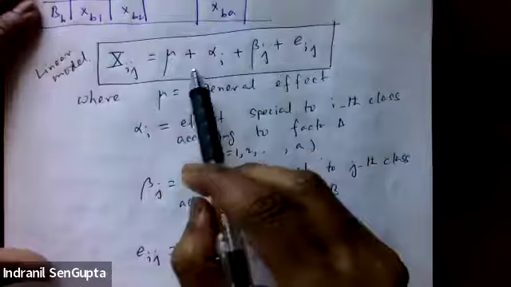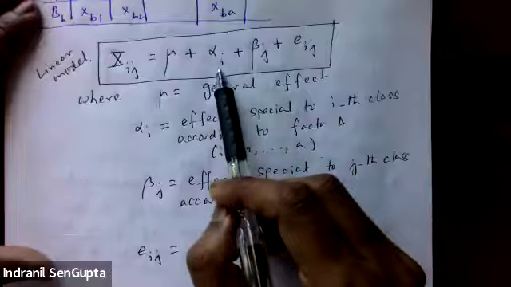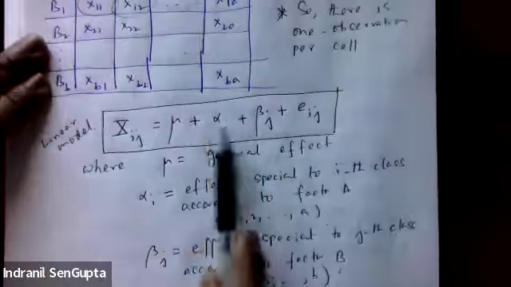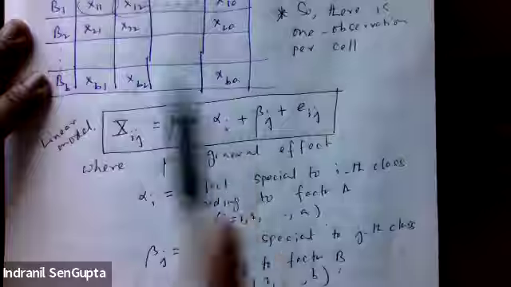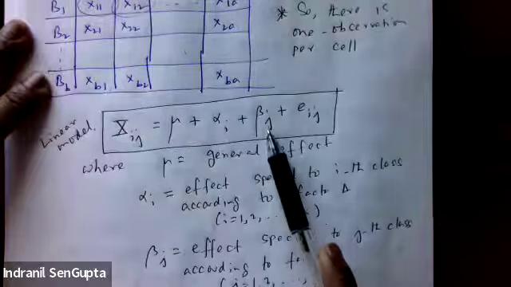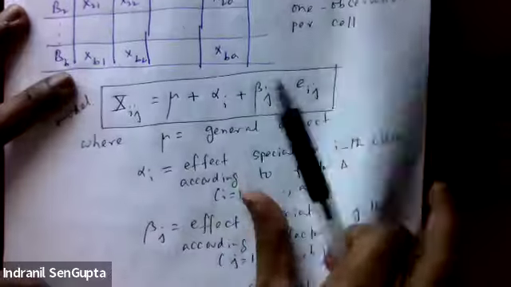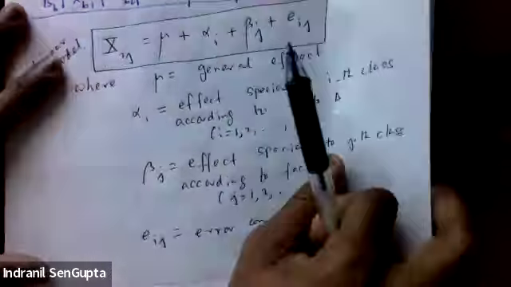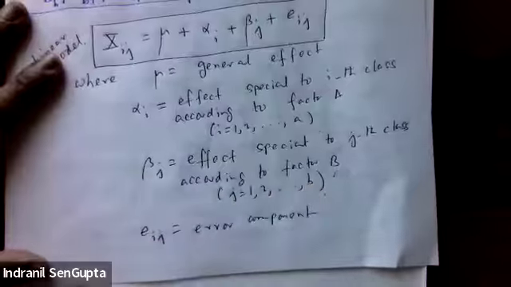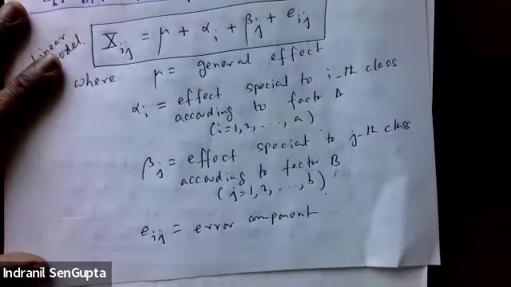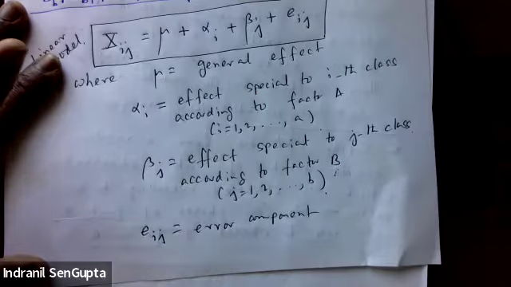So essentially what we have is alpha i values, so we have an effect from the first factor A, and then we have an effect from the second factor B, and then we have some error terms. So x_ij, any observation, is made up of the sum of the effects of various components. So that's the linear model.